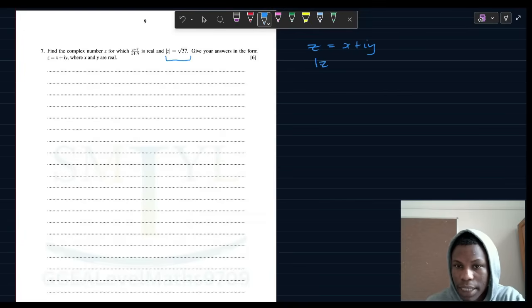So let's start here. I want you to recall that if you've got a complex number z = x + iy, the modulus of z is equal to the square root of x squared plus y squared.